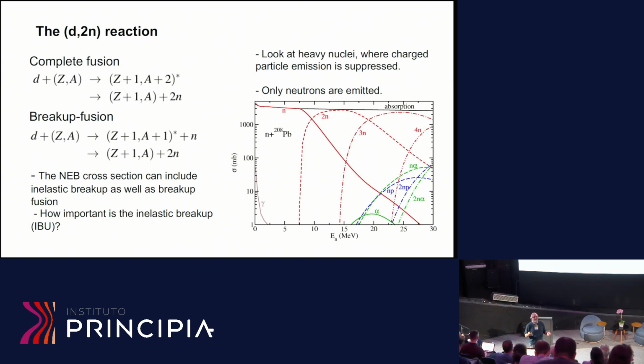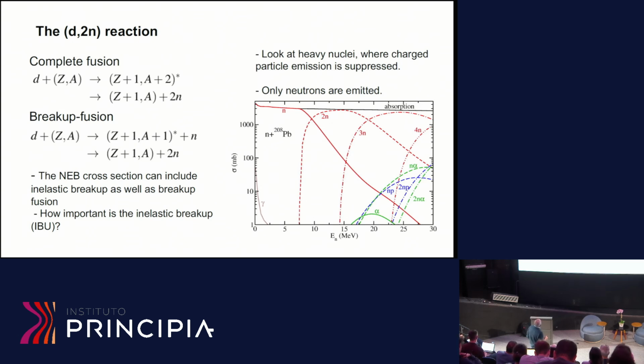In particular, for highly deformed nuclei, there could be a big component of inelastic breakup, where although the breakup occurs, the neutron or proton isn't absorbed. It scatters inelastically from the target and isn't observed later. So we've been assuming that it all goes to fusion, and that might not be the case.